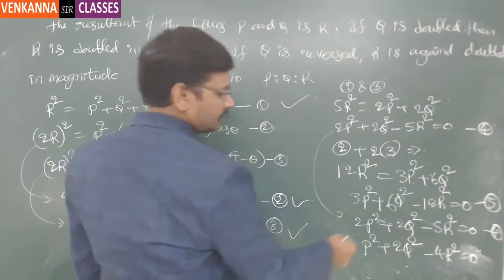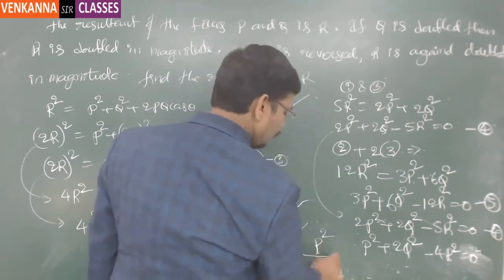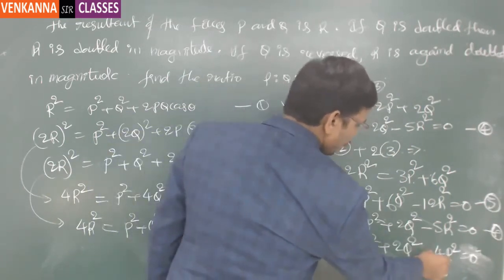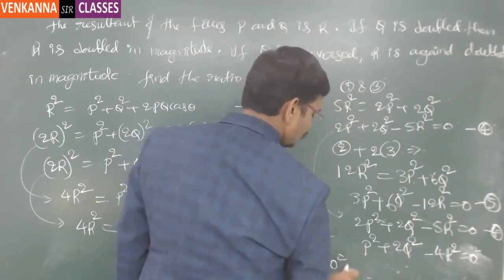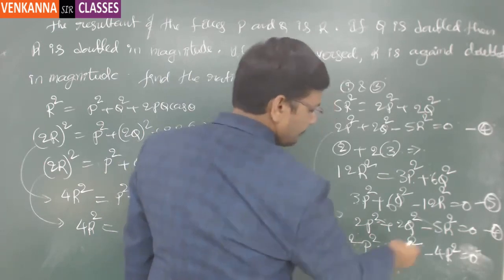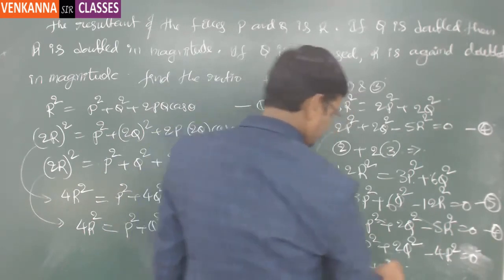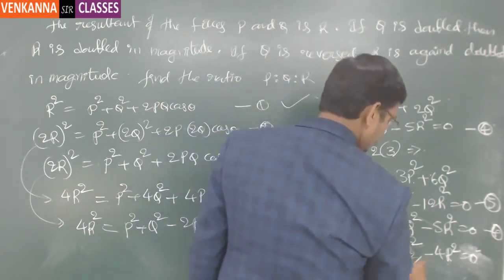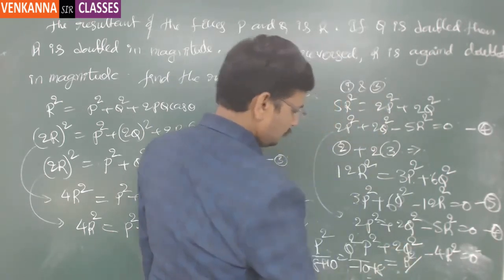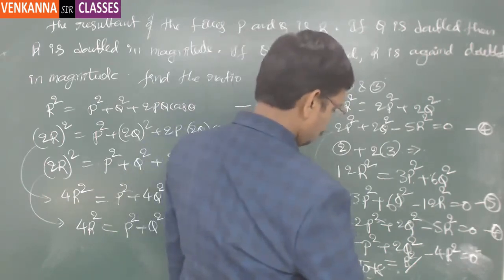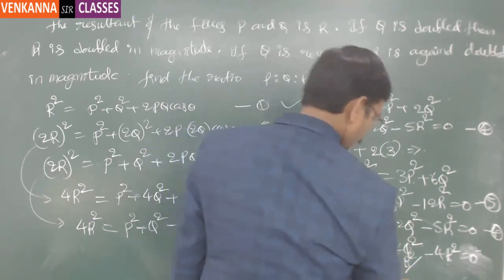After further simplification, I have divided with 3, and this is p square divided by minus 8 plus 10 equal to q square divided by minus 10 plus 8, r square divided by 4 minus 2.